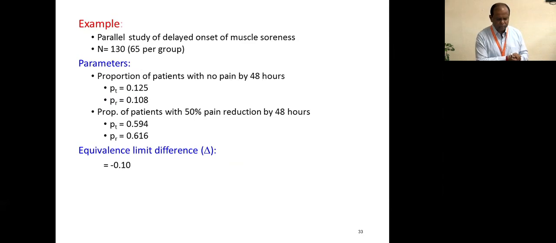Proportion of patients with no pain at 48 hours: the new treatment had 12.5% no pain, 10.8% in the standard of care, the reference. So pain, 50% pain reduction at 48 hours. This is the data. The margin is 10%.